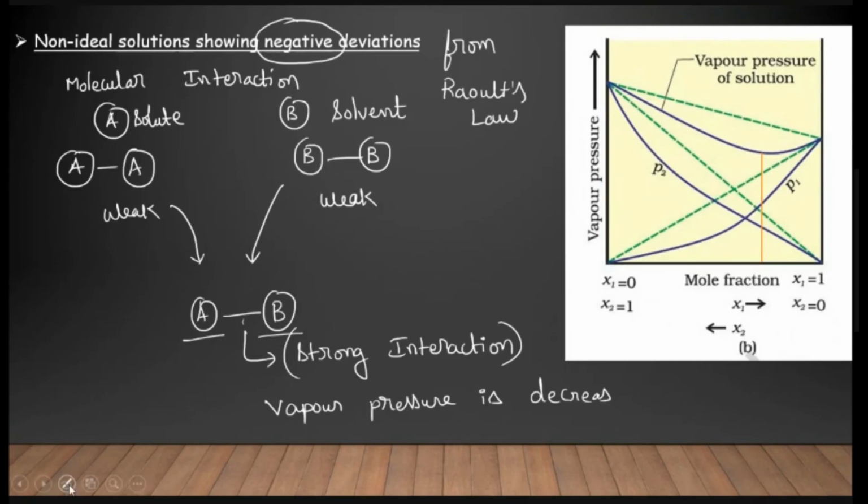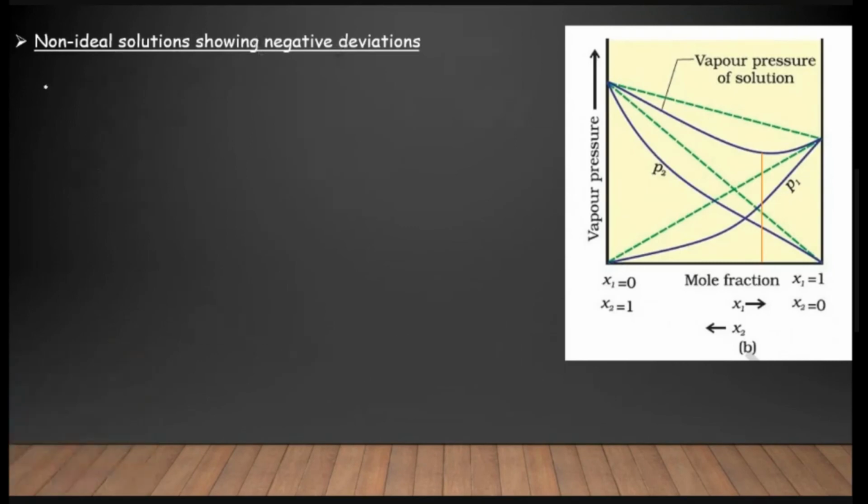The very general example, a regular example, is CHCl3 plus acetone, which is the best example for a non-ideal solution showing negative deviation from Raoult's law.